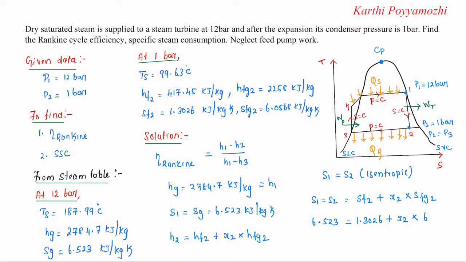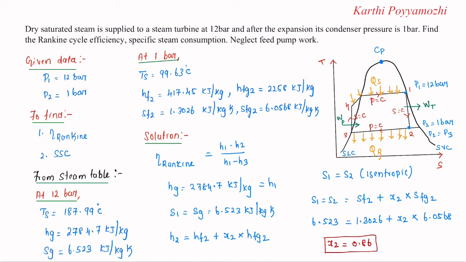From this, the value of x2 is calculated as 0.86. That is, the dryness fraction at state 2 is 0.86.